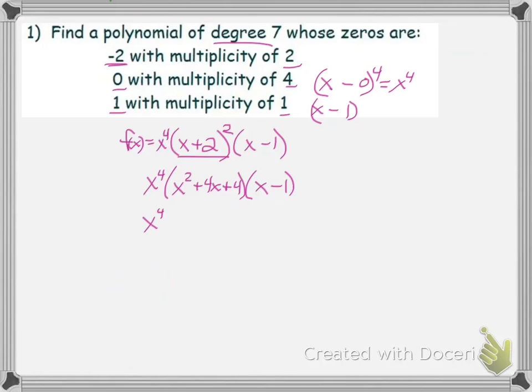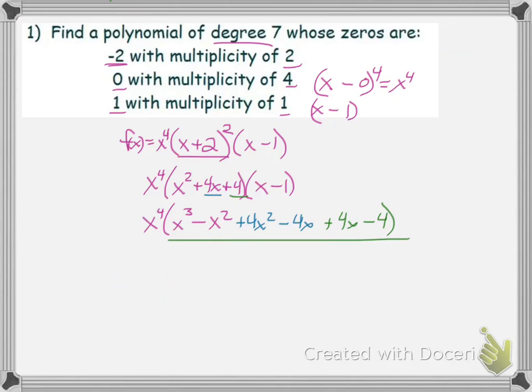So I'm going to be left with, I've still got that x to the 4th out in front, and I have x to the 3rd minus x squared. Now I'm going to distribute this 4x, and that's going to be plus 4x squared minus 4x. Now I'm going to multiply this 4, so I have plus 4x minus 4.